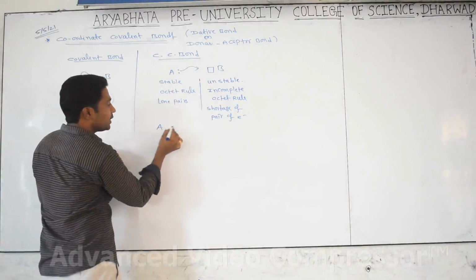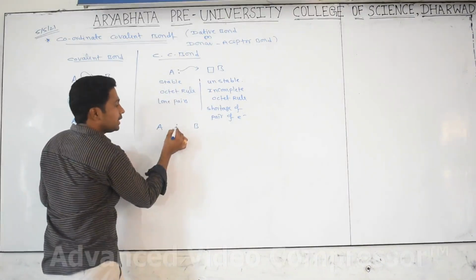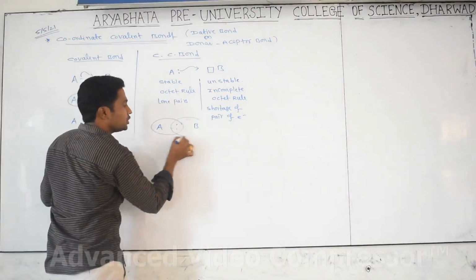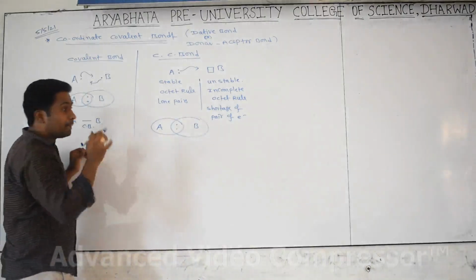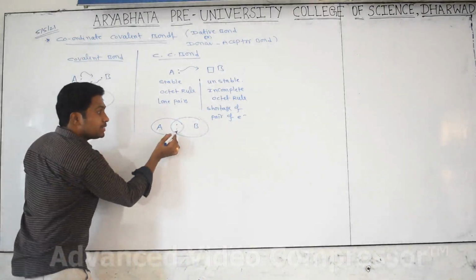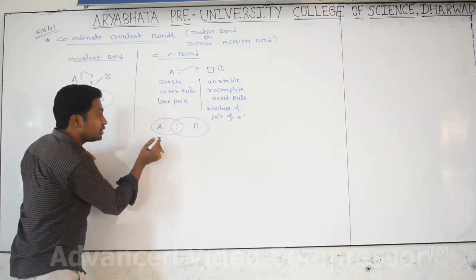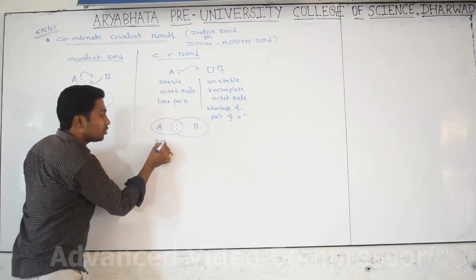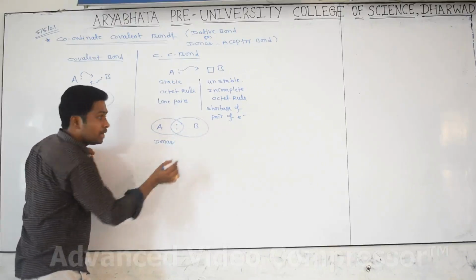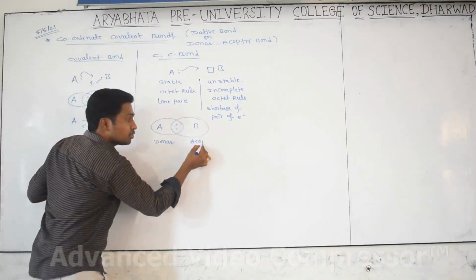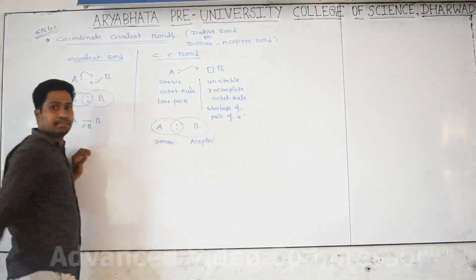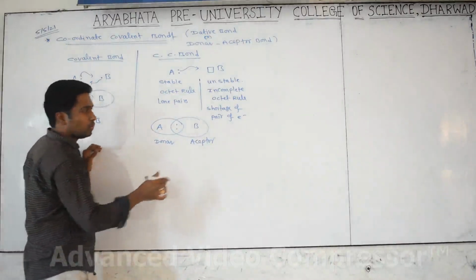After that, what is happening? Between A and B, a pair is involved in the sharing. But observe, this pair is not coming from both atoms, but from any one of the atoms. The one which is donating that pair is called the donor atom, and the one which is receiving it is called the acceptor atom. Okay, sharing and everything will be over.